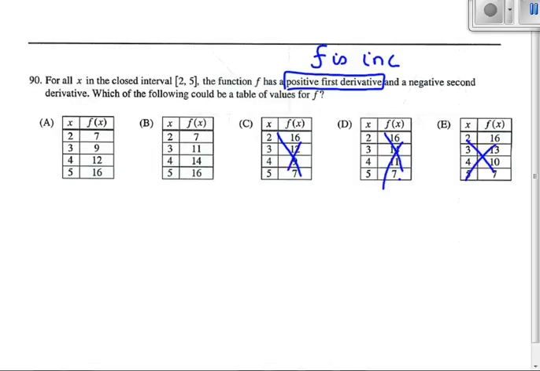Now the next part's a little trickier. I have a negative second derivative. So f double prime is less than 0, meaning it's what? Concave down.